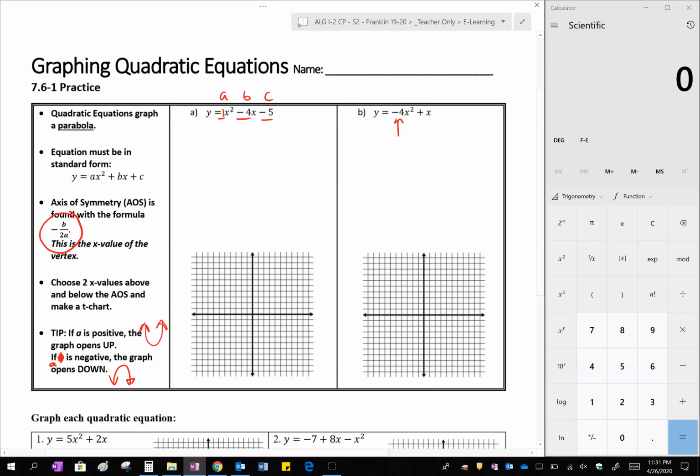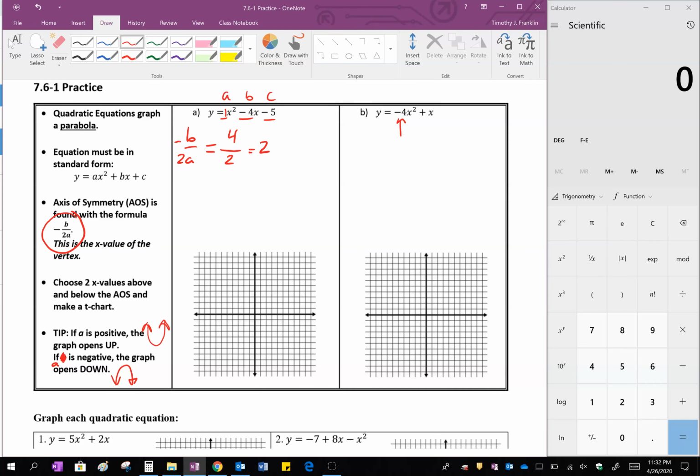So we have to do negative b over 2a. Well, b is negative 4, so negative b is positive 4. A is 1. 2 times 1 is 2. So we have 4 over 2, or 2. That is the x value of the vertex.